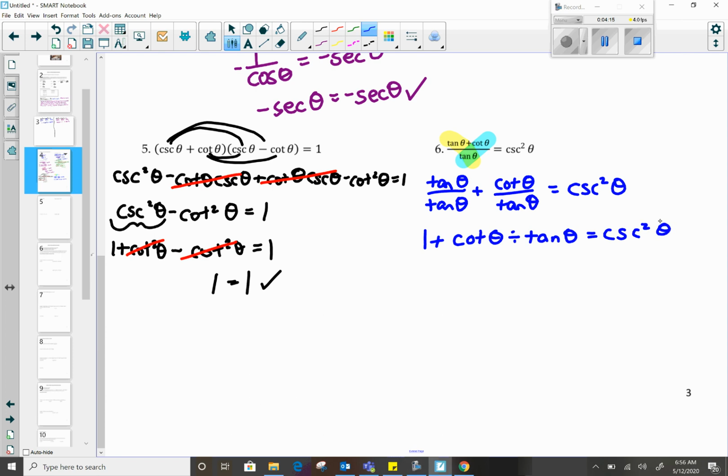Okay, and what I would do here is I'm going to turn this into 1 over tangent. Everything else the same. Okay, and then I am going to keep, change, and flip this to be 1 over tan theta.